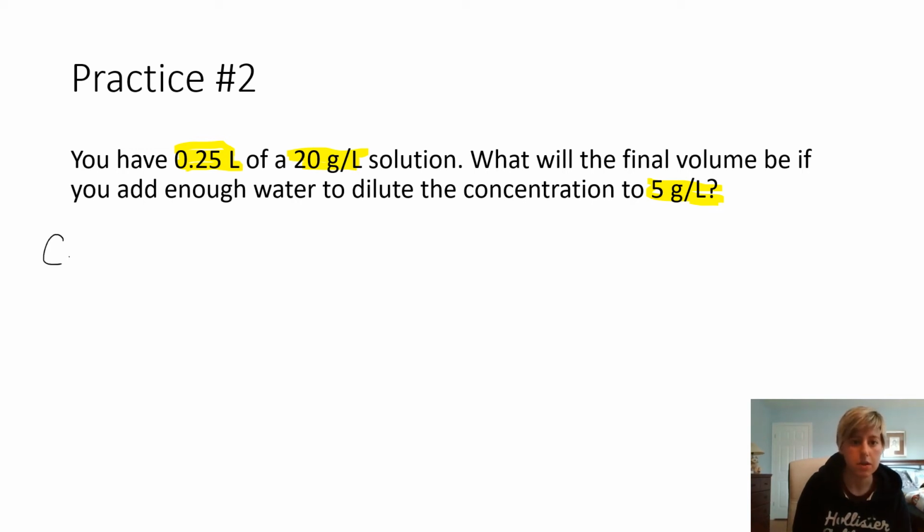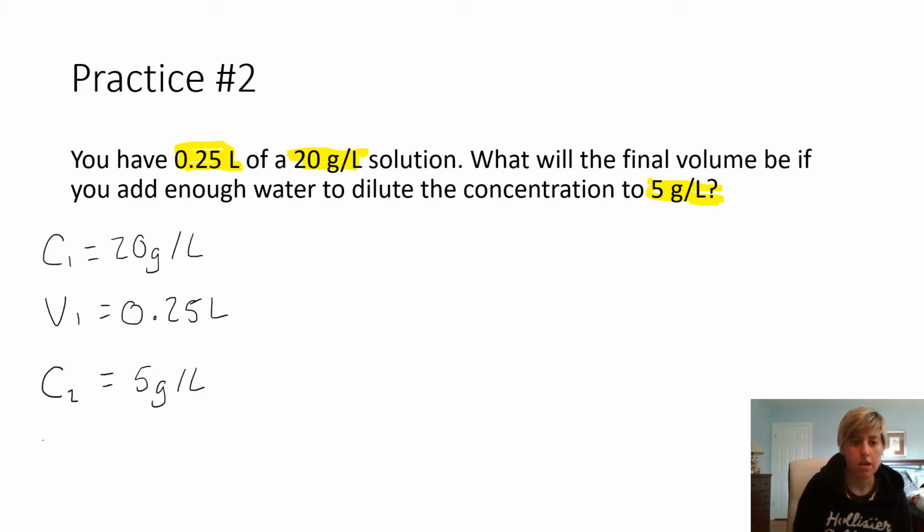So C1 is 20 grams per liter. V1 is 0.25 liters. C2, which is my diluted concentration, is 5 grams per liter. And I do not know what V2 is, so it's a question mark.